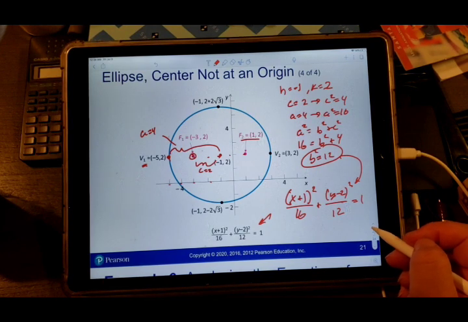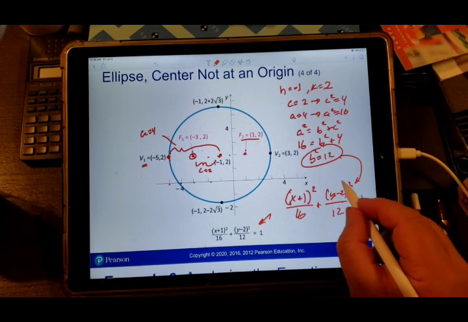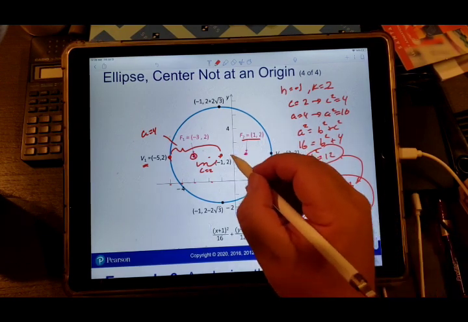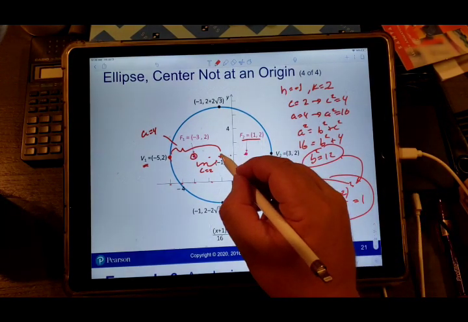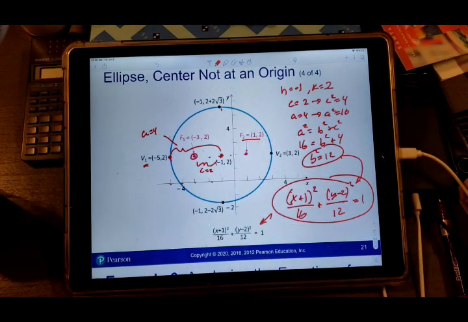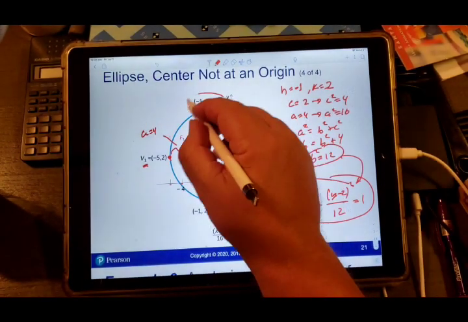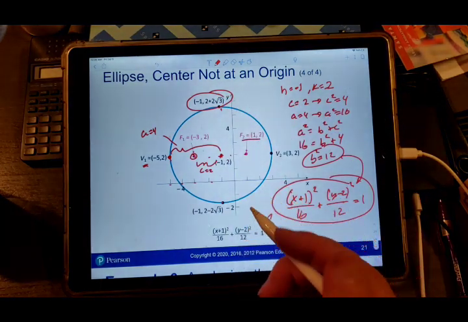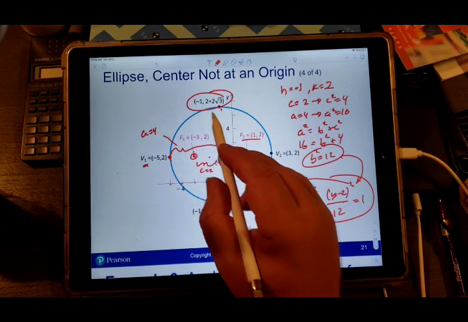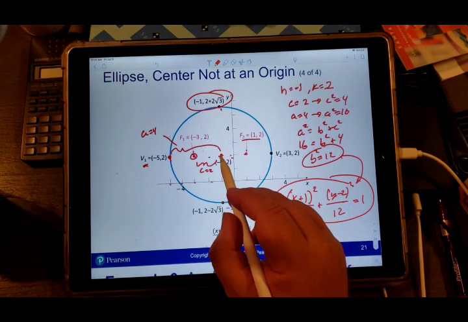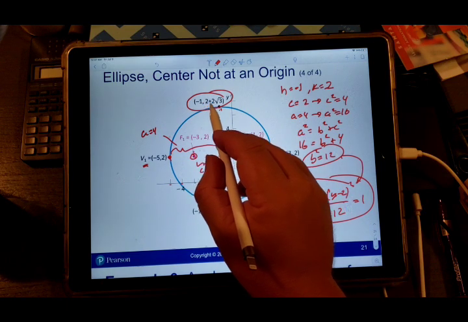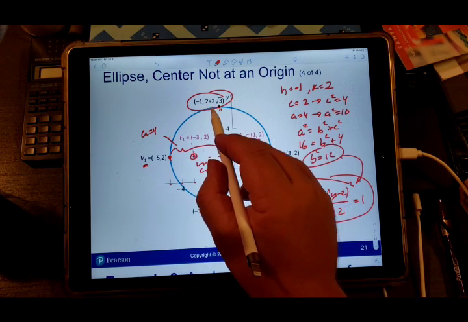I don't really need to know what B is to do this, because it's B squared that I want right there. But what is B? Well, B is the square root of 12. So I'm just going to go up the square root of 12, down the square root of 12. Now that gives me a very interesting ordered pair here. I know that I'm at -1, comma 2. But if I go up, notice how the math works out.